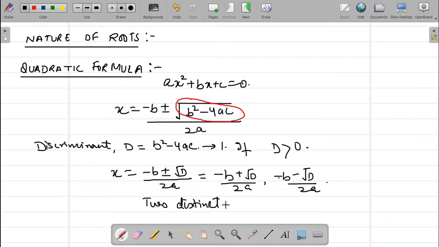So we have two distinct real roots. In this case, D can be a rational number, and square root of D can be a rational or an irrational number. But ultimately, if it's positive, you get two distinct real roots.